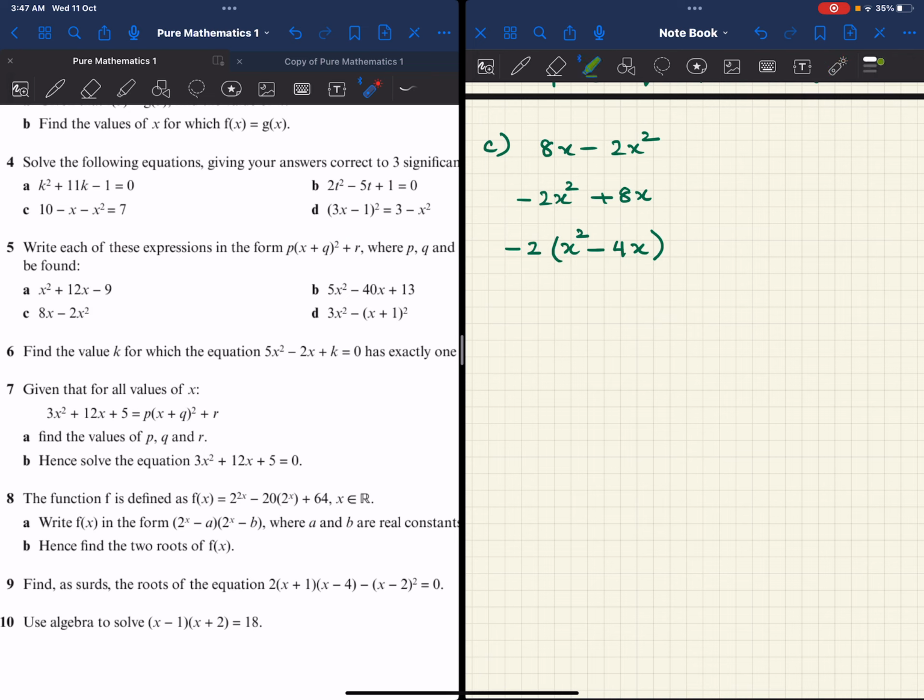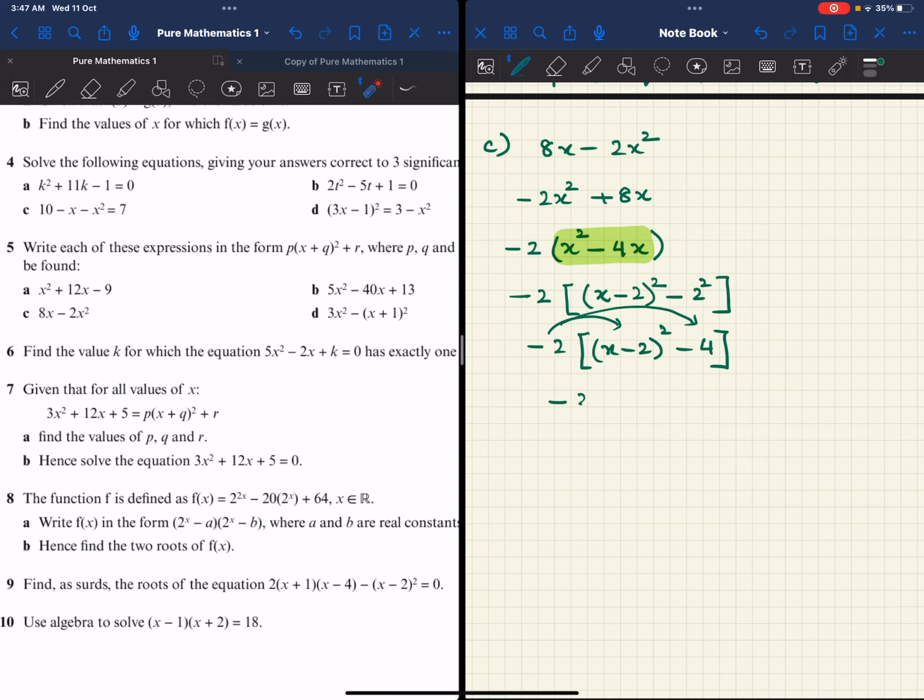Now we will do the completing of the square for this bracket. So we take half of the coefficient of x, which is 2, and complete the square. Subtract the square of 2 outside. So we have −2[(x − 2)² − 4]. Now multiply the 2 back.